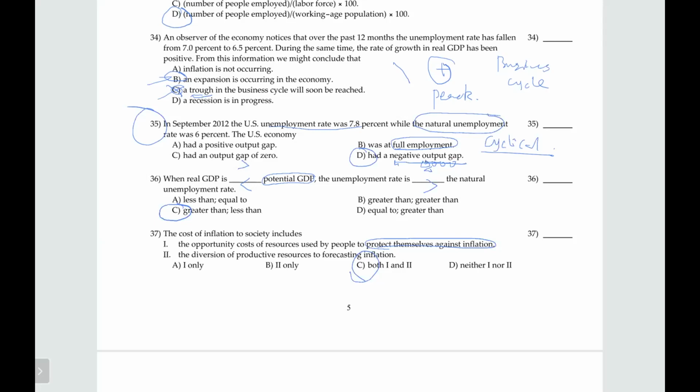Also, the diversion of productive resources to forecast inflation, right? Because we need to find out what the inflation is going to be in the next period so that we can take the appropriate action to protect our financial wealth. This is 37.